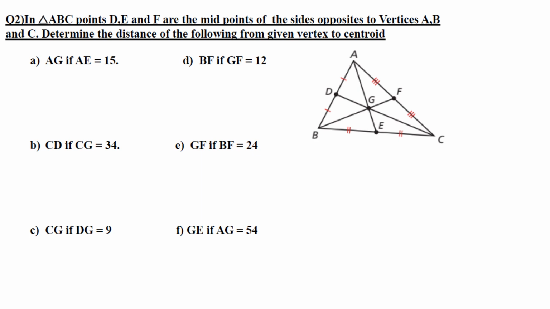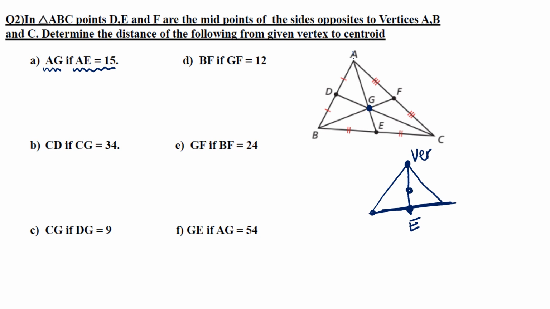Okay, so let's try to solve this question. As I told you, the first thing is to establish the relations between each other. So what is AG? Find AG if AE is 15. Okay, let's try. Where is AG? Where is AE? So AG is here and AE is the full line. It means that from the A, that is from the vertex, a line is coming and cutting at the midpoint E, which is cutting the two lines on opposite sides, right?